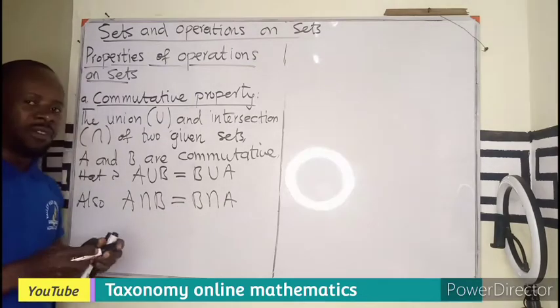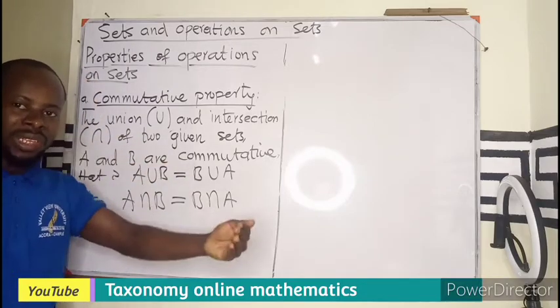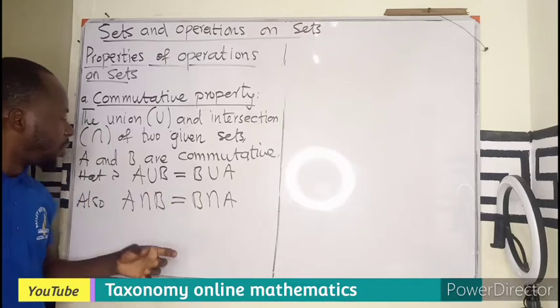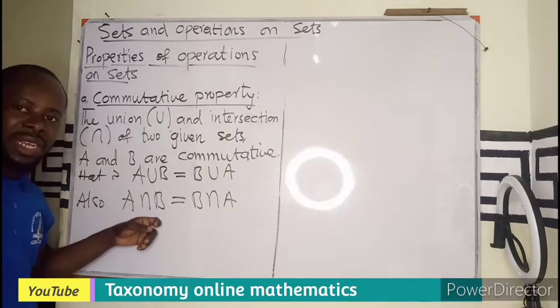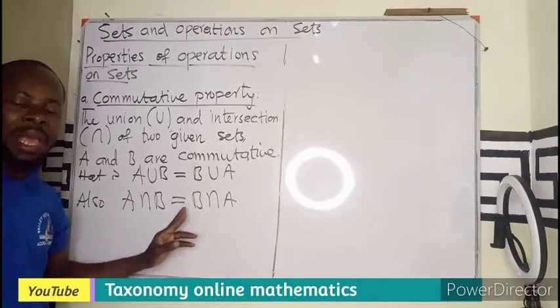A. The commutative property simply states that the order in which the operation acts on two given terms does not change the result. Meaning, if I start from A intersection B, the result should not change if I change the position of A and B.